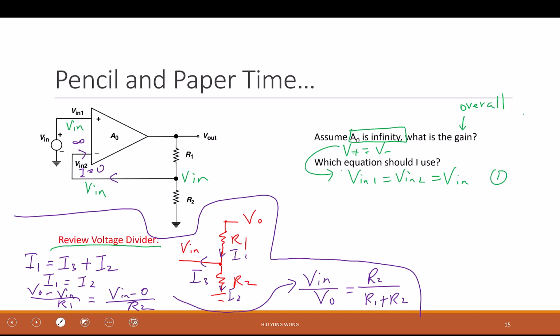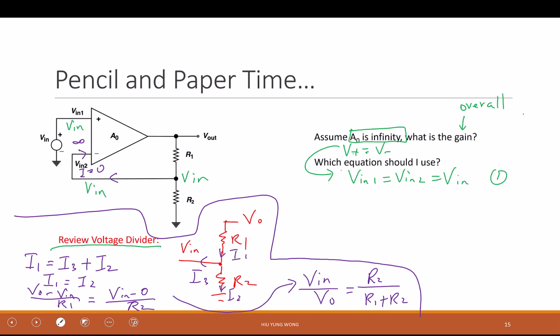In the future, when I have this potential divider, this one is equal to R2 divided by R1 plus R2. But you can use this only because you know no current is going in this direction. If there is current going in this direction, you cannot use this equation. You need to do KCL, KVL one more time.